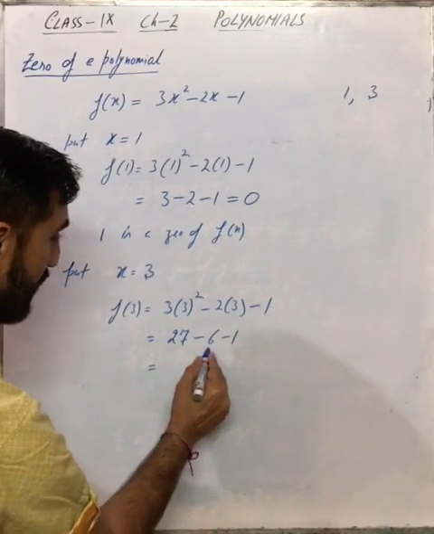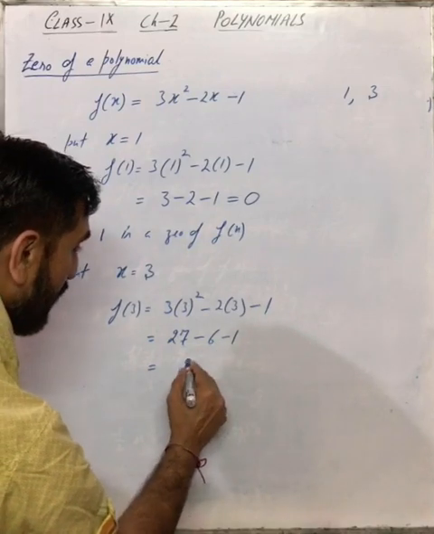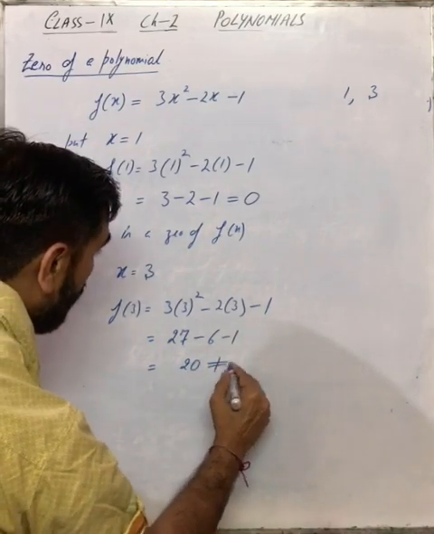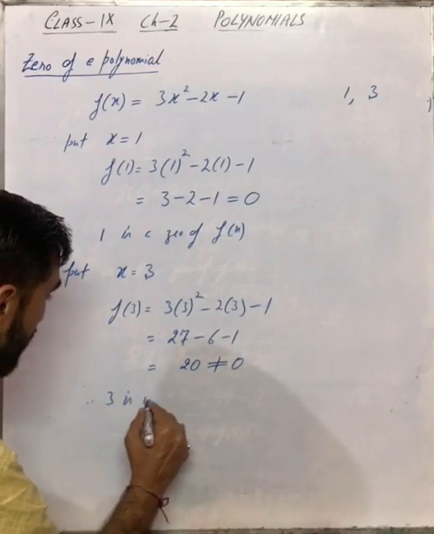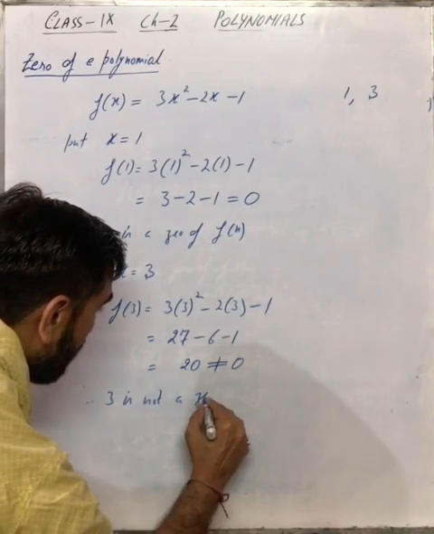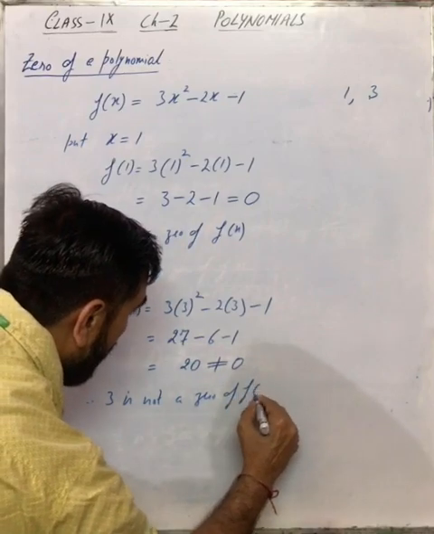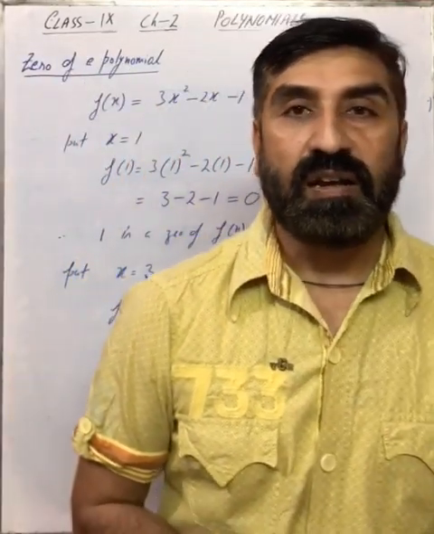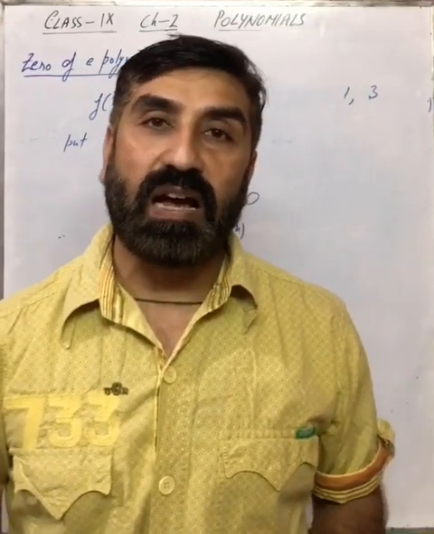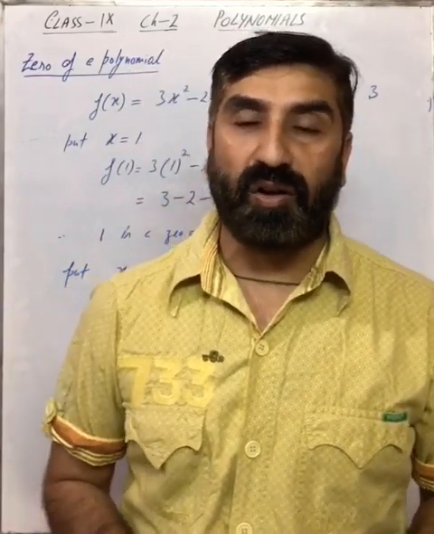So 27 minus 6 is 21, minus 1, it will be 20, which is not equal to 0. That means 3 is not a zero of f(x). So this is the way, students, how you can check whether the given values of x are the zeros of the polynomial or not.